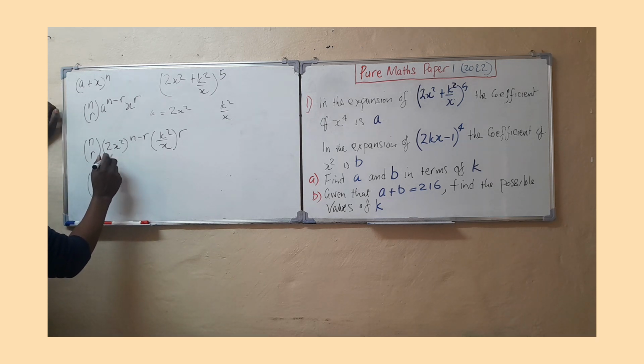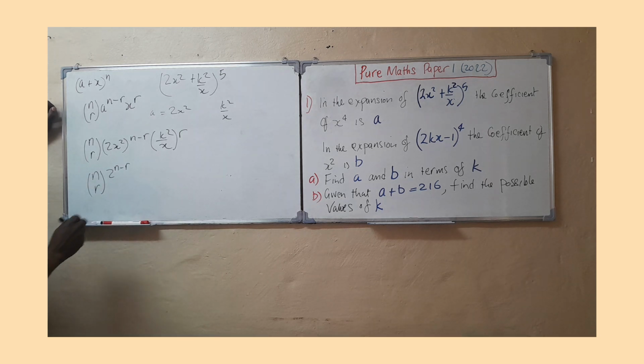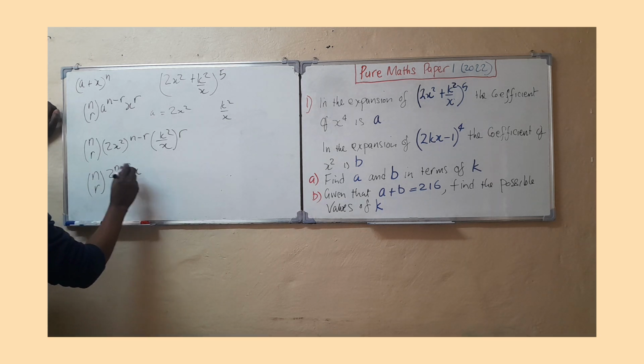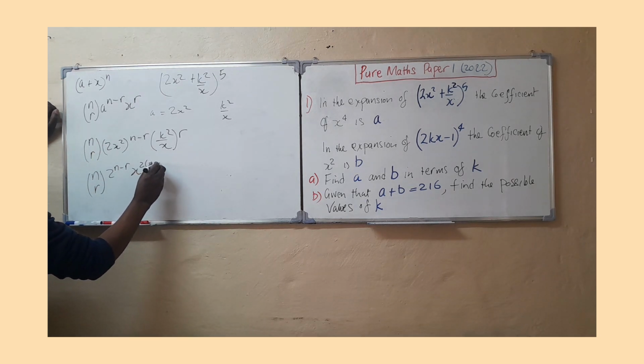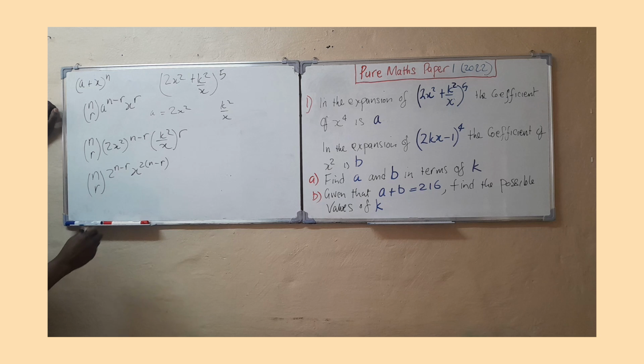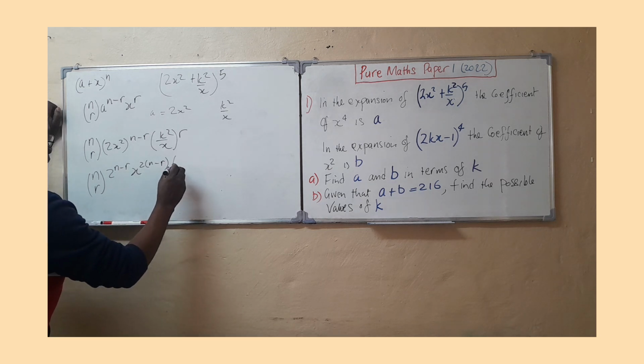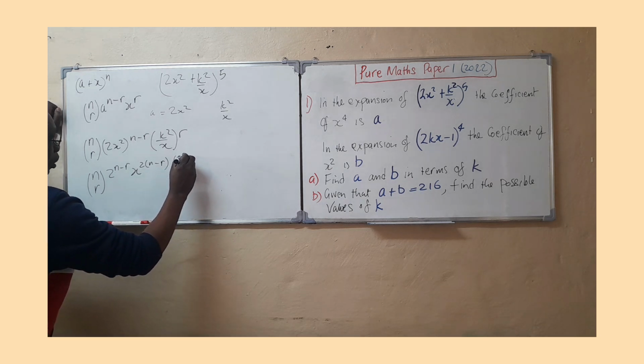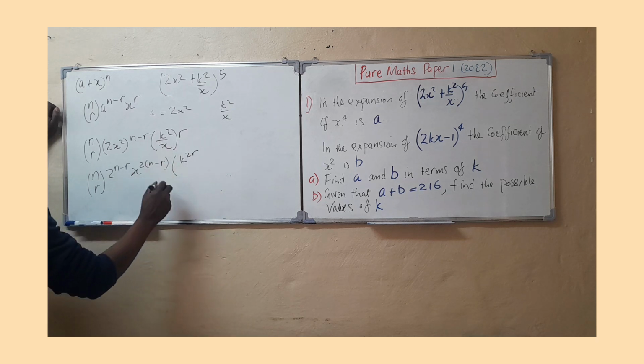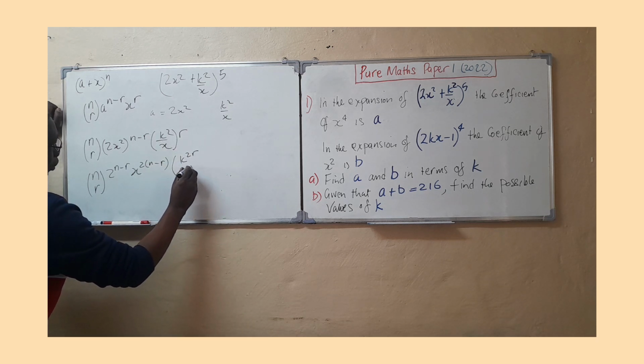When I open the brackets, I will get 2 to the power n minus r, multiplied by x to the power 2 bracket n minus r, also multiplied by k to the power 2r over x to the power r.